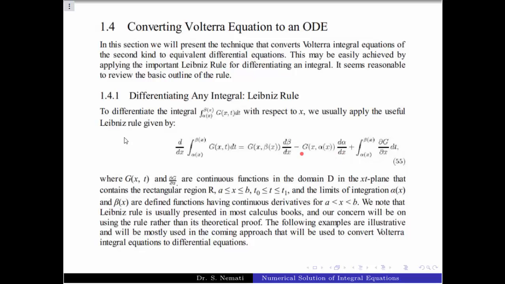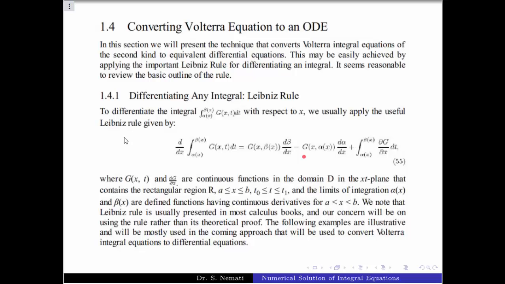For the sign, you have to check the proof of the Leibniz rule. I didn't bring it here, but this formula has a proof. You can check it. If you want, we can do it afterwards, because it's a very important formula in calculus. You know, in calculus, two parts are very important, derivative and integral.